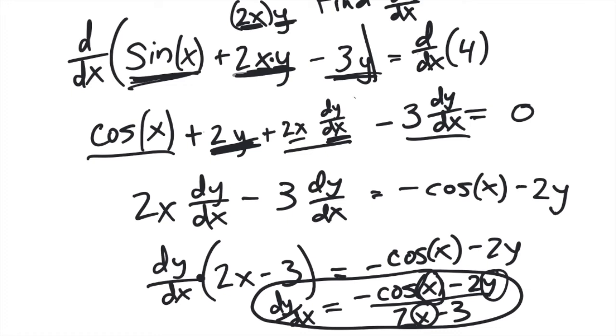That's true regardless of how complicated that graph is, and regardless of how complicated the point is that you find. You've got to go find the point first so that you know what to plug in for x and for y, but you can find the slope of that tangent line by just plugging those values into this equation once you've solved for dy/dx.